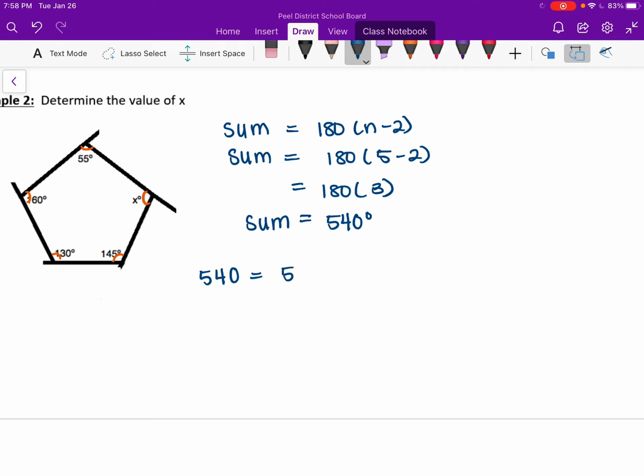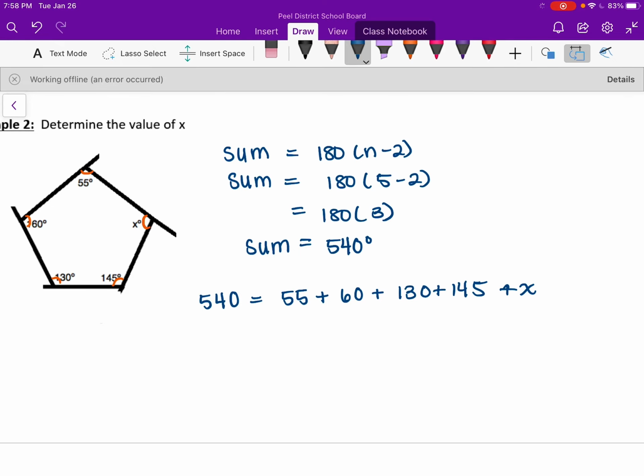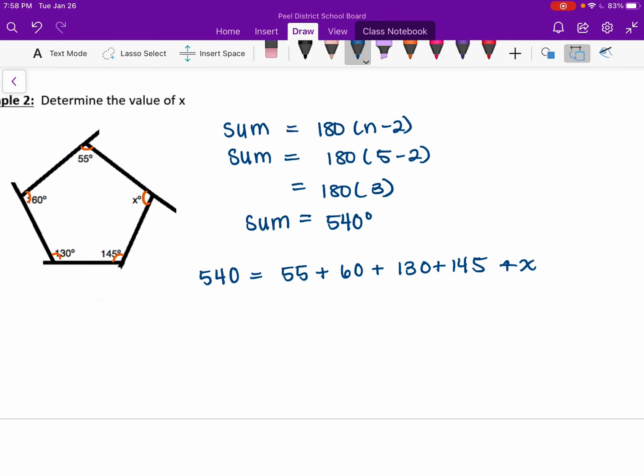I have 55 plus 60 plus 130 plus 145 plus x. And now I just need to collect like terms and isolate for x, right? And we've done that so many times this quadmester. So let's just do that. 55 plus 60 plus 130 plus 145 is going to give me 390 plus x, and all that's going to equal 540.